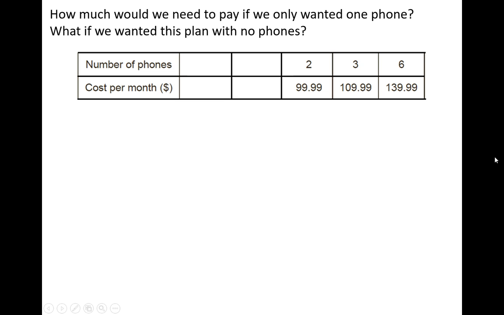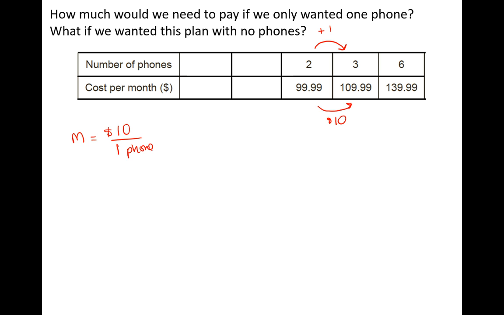So how much would we need to pay if we only wanted one phone? What if we wanted this plan with no phones? Well, I can't imagine why you would want a cell phone plan with no phones. But remember, what's happening here is when this goes up by 1, this goes up by 10. That's our slope. M is equal to $10 for every one phone.